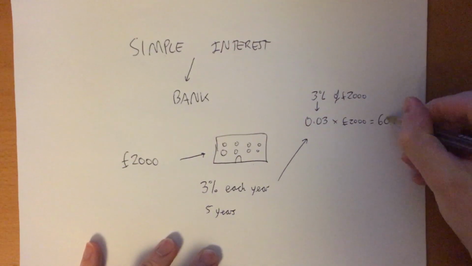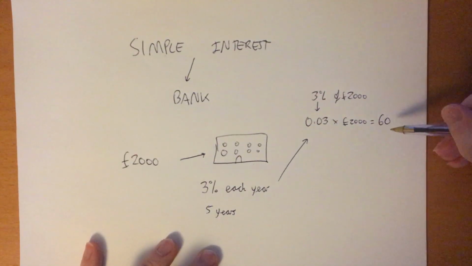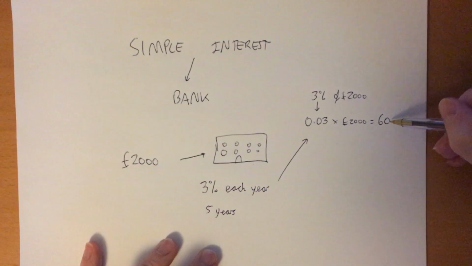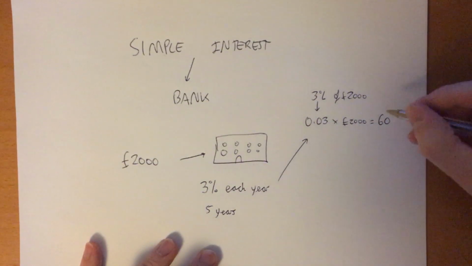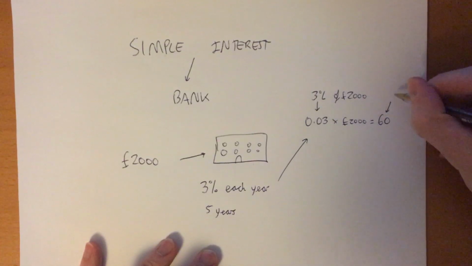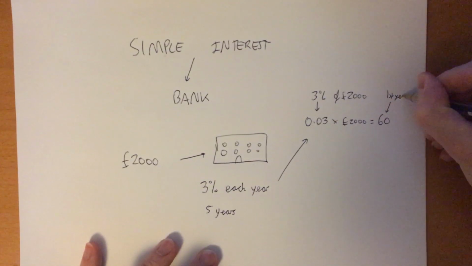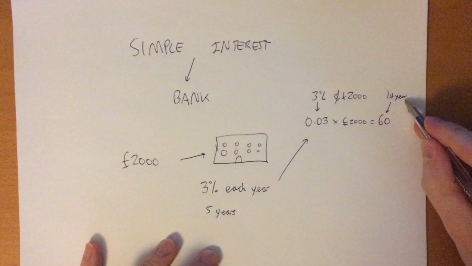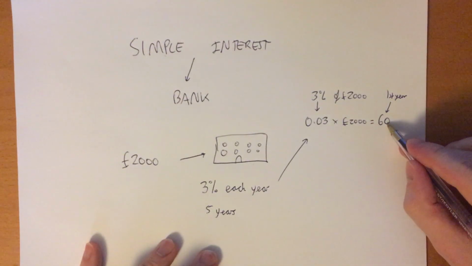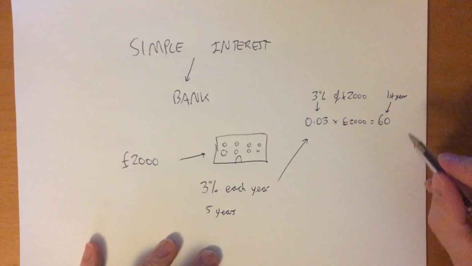So that equals 60. What that 60 represents is how much money would have been made at the end of the first year. So at the end of the first year, you're getting £60 more than you put in.